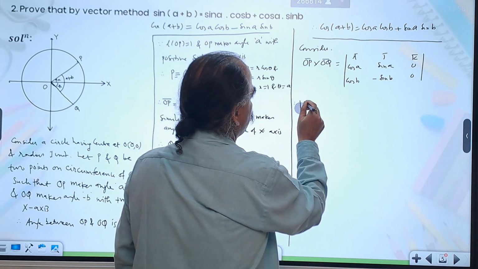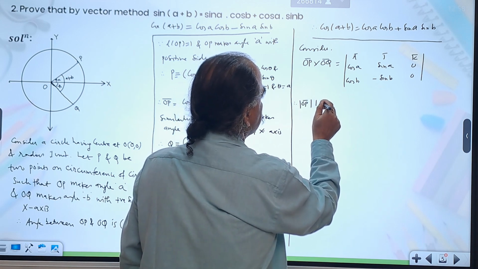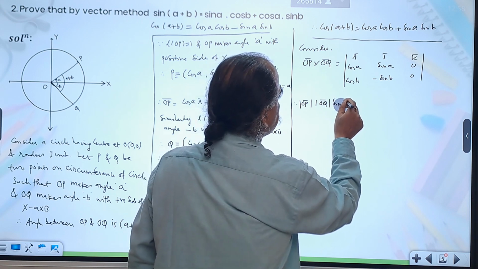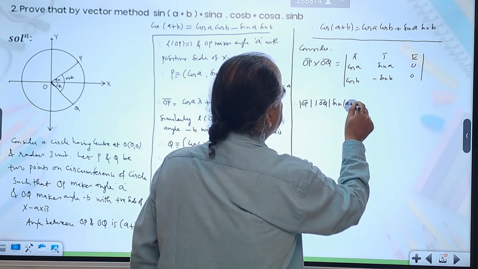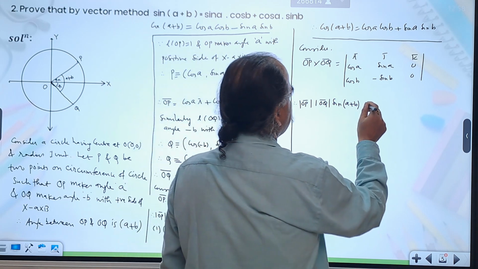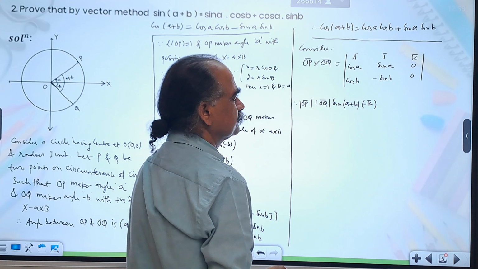So this is mod OP bar, mod OQ bar, sin of the angle between OP bar and OQ bar, which is A plus B, into minus k bar, the unit vector.